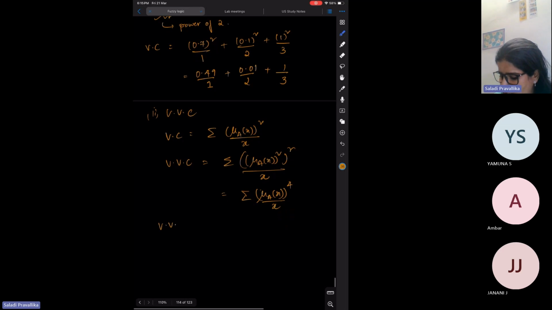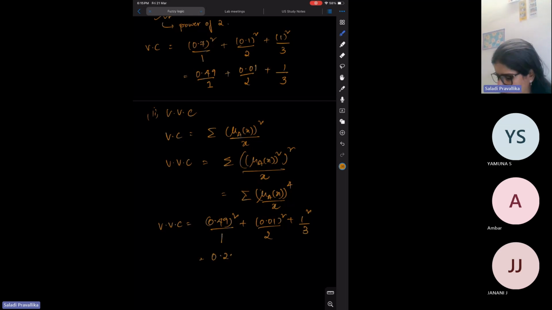So for "very, very common", we have 0.49 whole square for given 1, 0.01 whole square for given 2, and 1 square for given 3. So this is equal to 0.2401 for given 1, and this is already 10 power minus 2, so 10 power minus 4 given 2, and 1 for given 3, right?